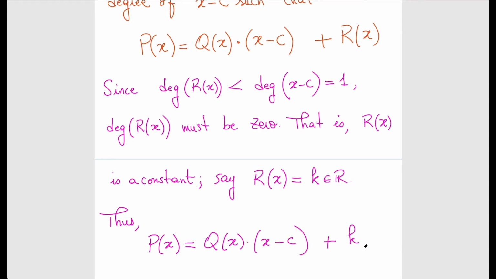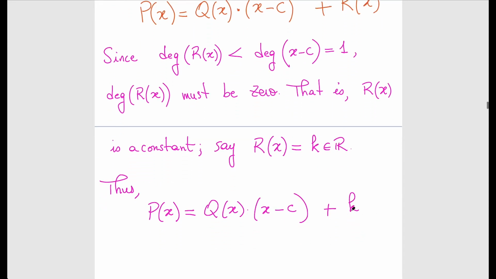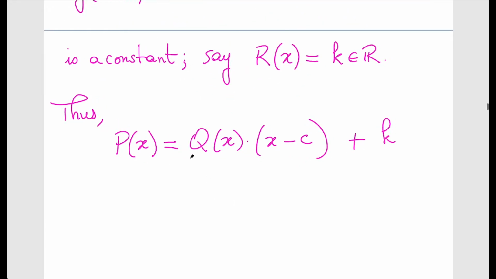And now let's pay attention to this equation. This equation should hold for all x, right? This is an identity. It holds for all x and r.